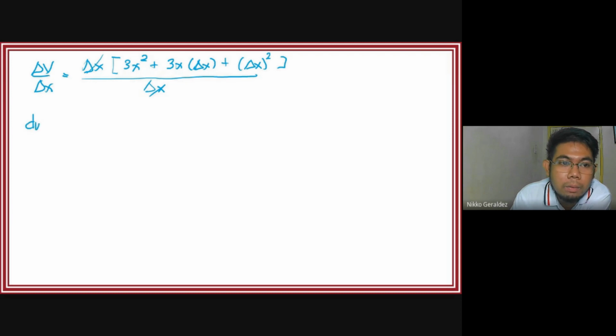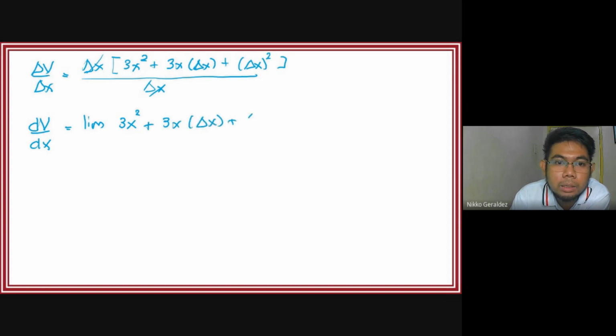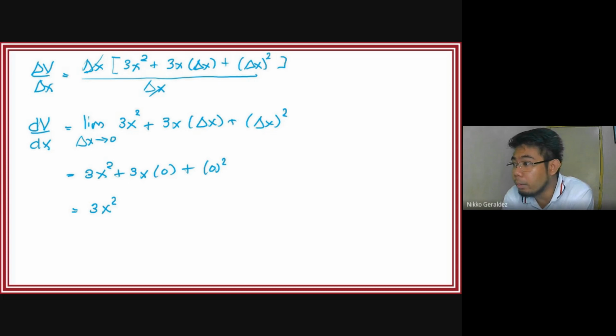So meron tayo dv over dx, equal to limit of 3x squared plus 3x delta x plus delta x squared as delta x approaches 0. Substitute, so we have 3x squared plus 3x times 0 plus 0 squared. So dv over dx is equal to 3x squared. So that is the derivative of the function.